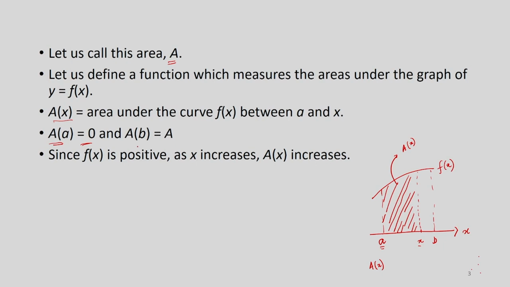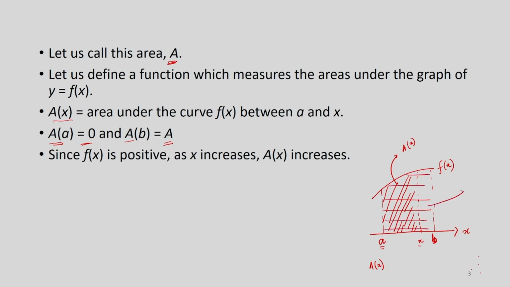The other extreme is capital A of the end point here, b. Okay. So, A of b will be equal to A. What is A? A, mind you, was the area. So, the complete area was defined as A, capital A.